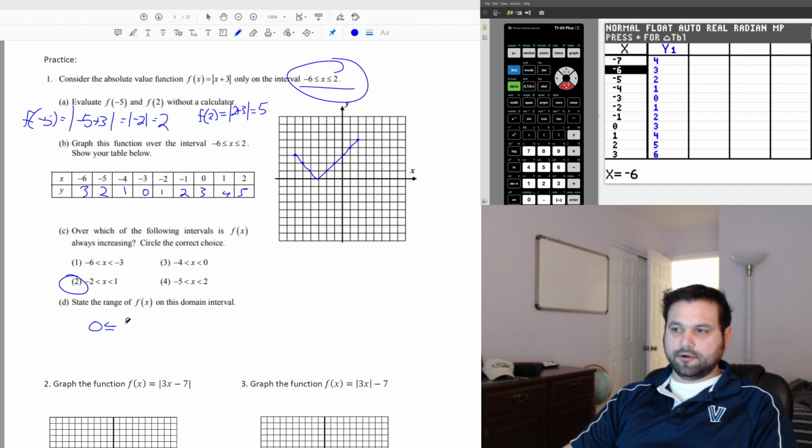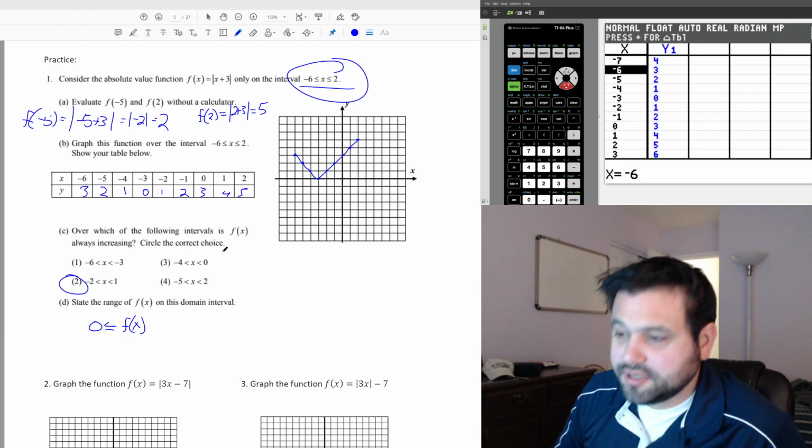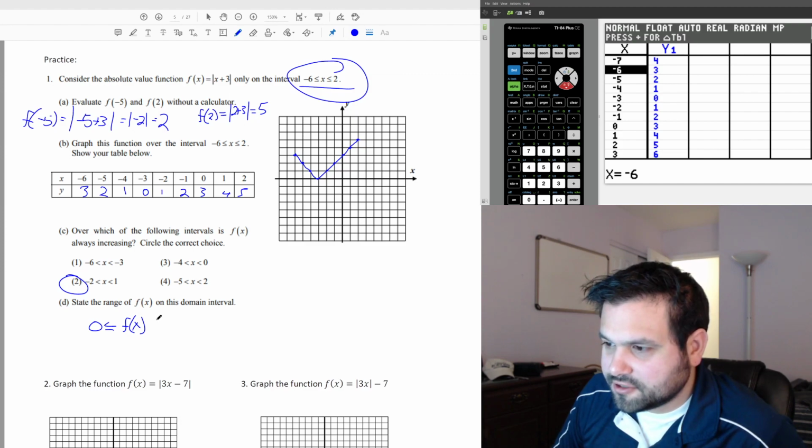And we're talking about our output values, our y values, or our f of x values. And then what's the very top of this function? The top would be all the way over here. And that's a y value of 5. 1, 2, 3, 4, 5. Yep. And is it included? Yes. There's no arrow. There's no open circle.